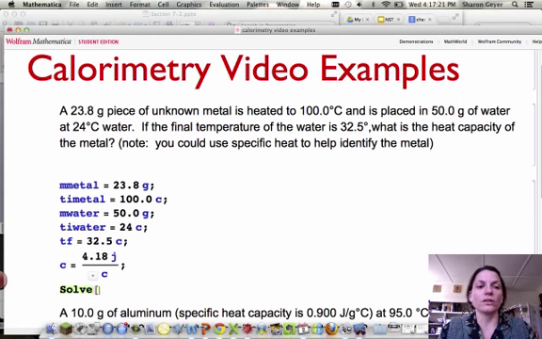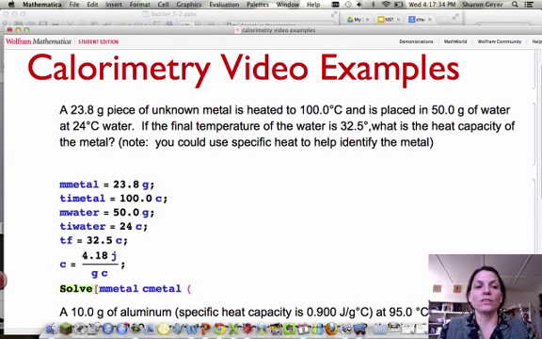So our equation here is m times c times delta T. So mass of the metal times the specific heat of the metal, which we don't know, times delta T of the metal, which is the final temperature minus the initial temperature. So we know the final temperature is Tf. We know the initial temperature is Ti of the metal.